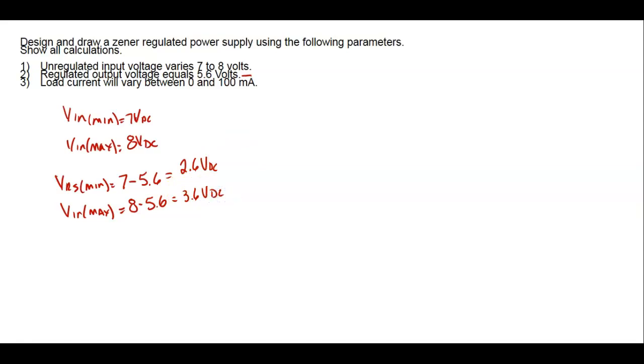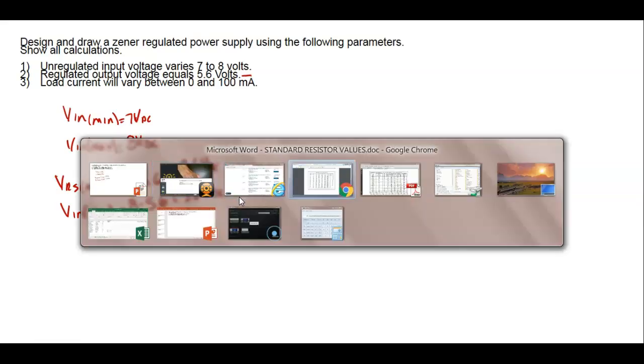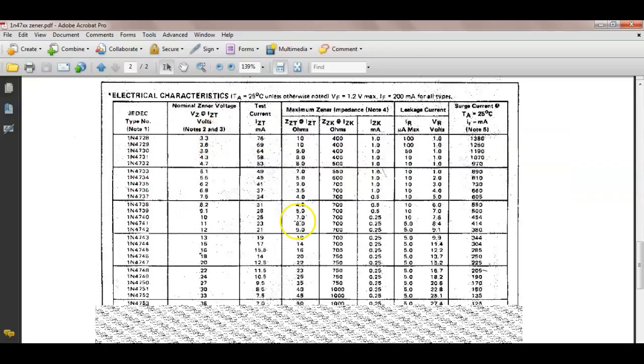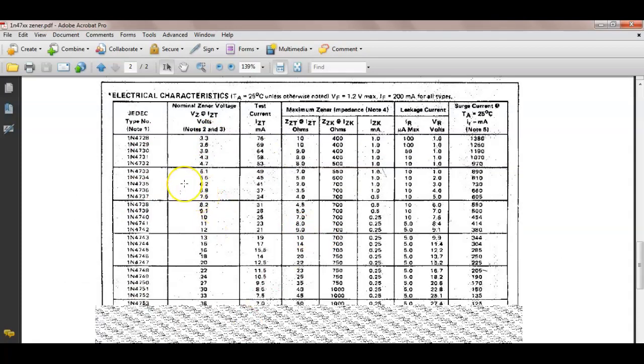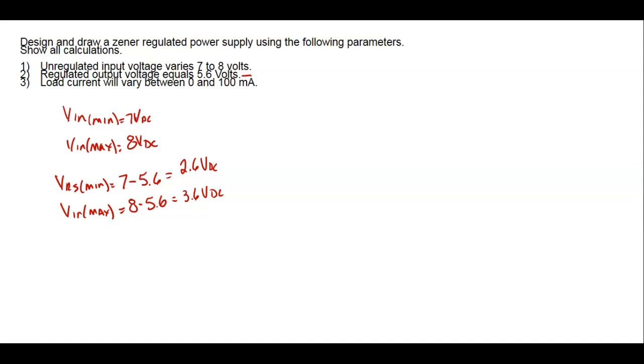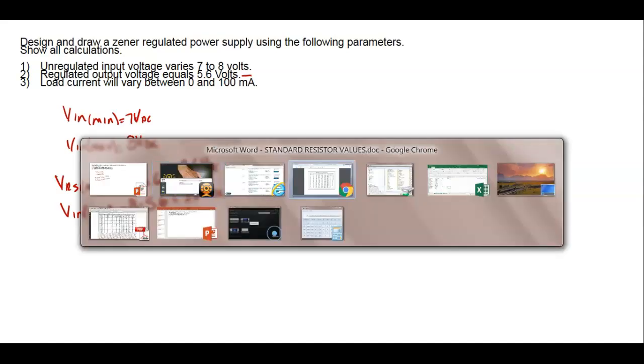Okay, so we need to look at our data chart and find a 5.6 volt Zener. Oh, here it is right there, 4734. And I finally did get it to come up on Blackboard, by the way.